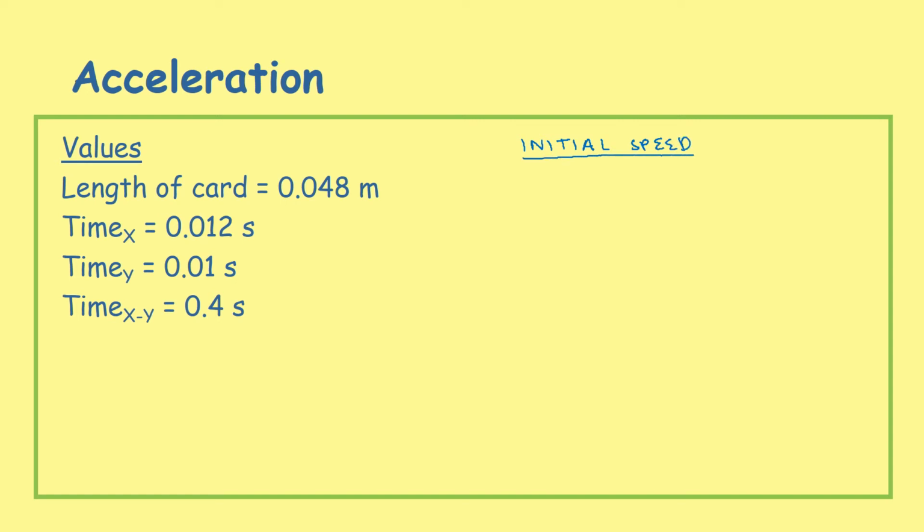We know that to calculate instantaneous speed, which is what this initial speed is, we need to take the length of the card and divide it by the time that the trolley took to pass the light gate.